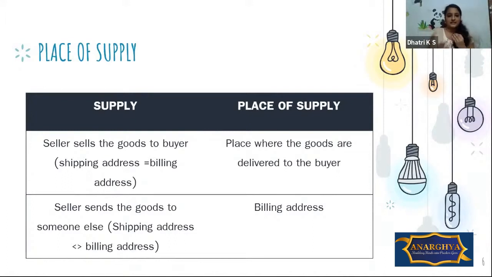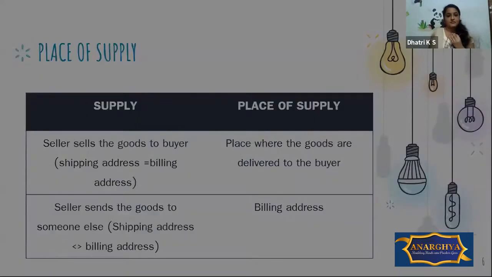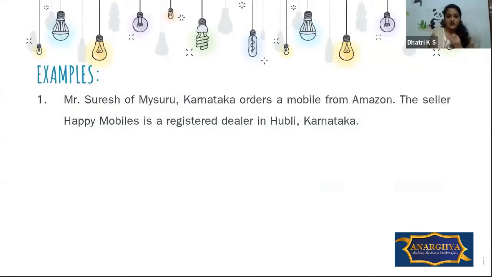Now we'll see the concept of place of supply with the help of some examples. The first example: Mr. Suresh of Mysore, Karnataka orders a mobile phone from Amazon. The seller, Happy Mobiles, is a registered dealer in Hubli, Karnataka. So here, Mr. Suresh is ordering a mobile phone for himself, so the billing address is the same as the shipping address.